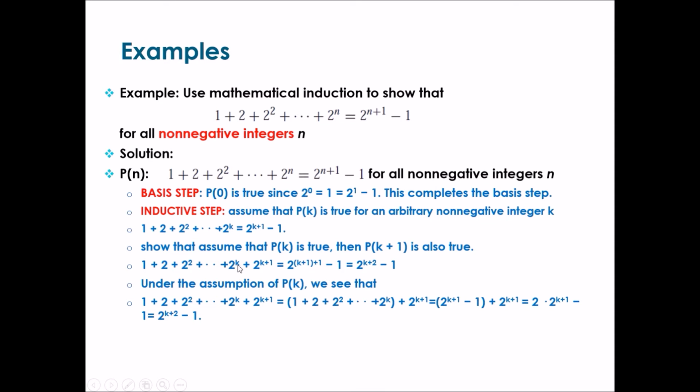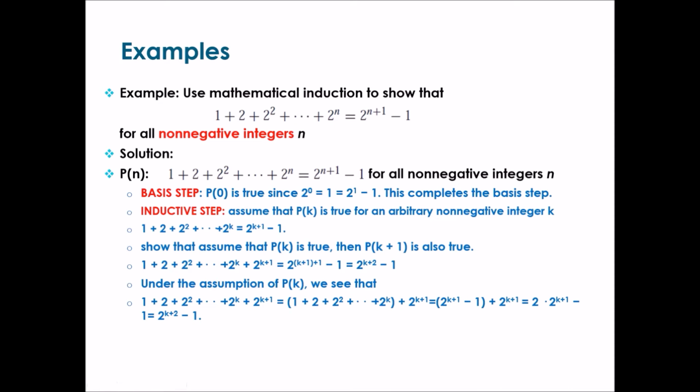The first part is the left side of P(k), and we are left with one term, which is 2 to the power k plus 1. Since P(k) is true, the first part is equal to 2 to the power k plus 1 minus 1. So this is replaced by 2 to the power k plus 1 minus 1 plus 2 to the power k plus 1 as it is.